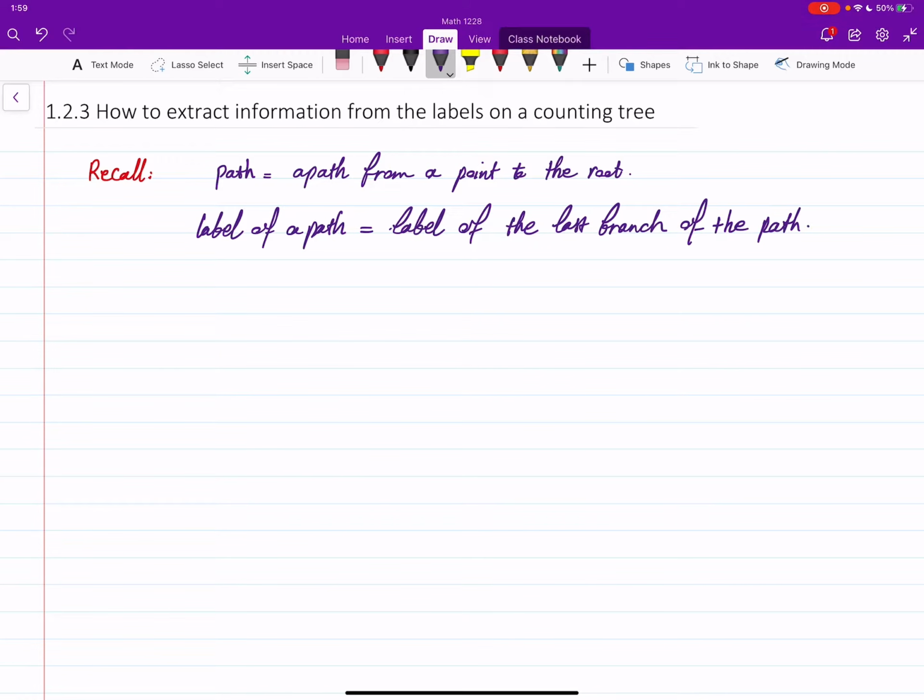So the path is a path from a point to the root. You always consider these ones, and the label of a given path is the label on the last branch.